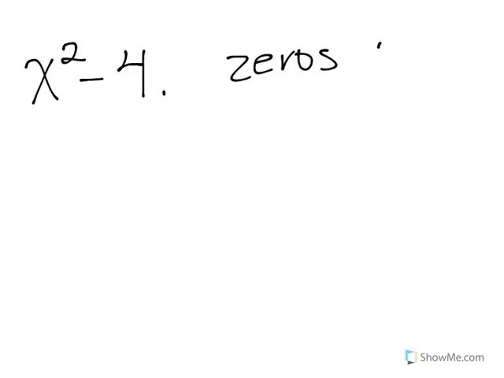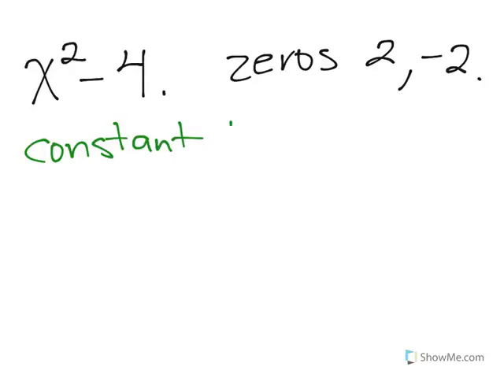So, for example, if we had x squared minus 4, we found that the zeros were 2 and negative 2. So let's see if our rational zeros theorem says that 2 and negative 2 are rational zeros of this polynomial. We find that the constant term is negative 4.